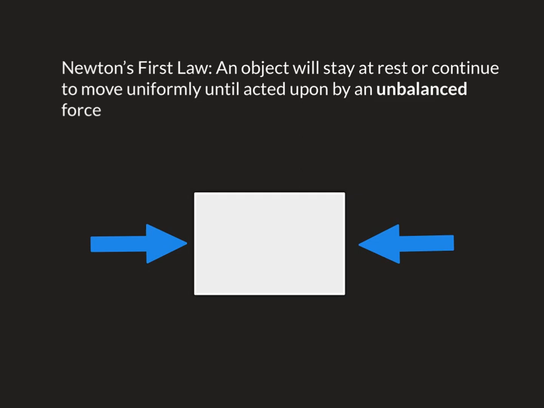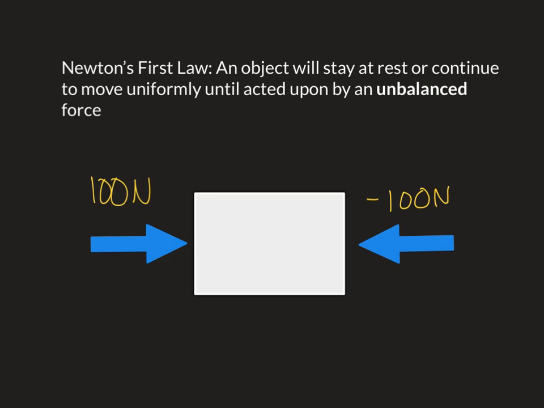So in other words, if I have an object like this block here, and I have two separate forces acting on it, and those two forces are pushing with the same amount of force, like let's say both of them are pushing with 100 newtons, and this one here is pushing with negative 100 newtons because it's pushing to the left, then this object is not going to go anywhere.